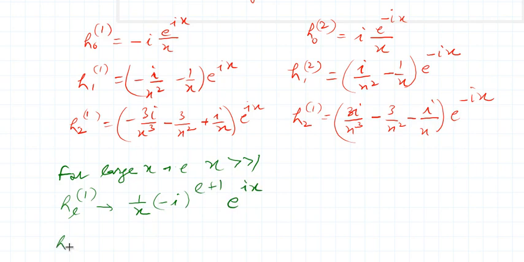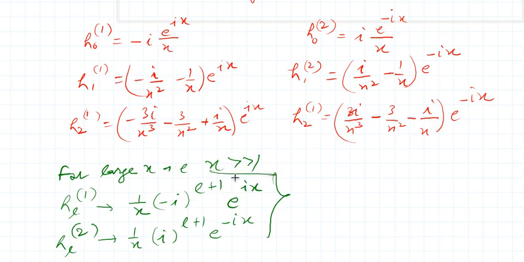These are the recursion formulas. And HL2 can be written as 1 over x times iota raised to power L plus 1 e raised to power minus iota x. So for large x, I can define these in terms of this.